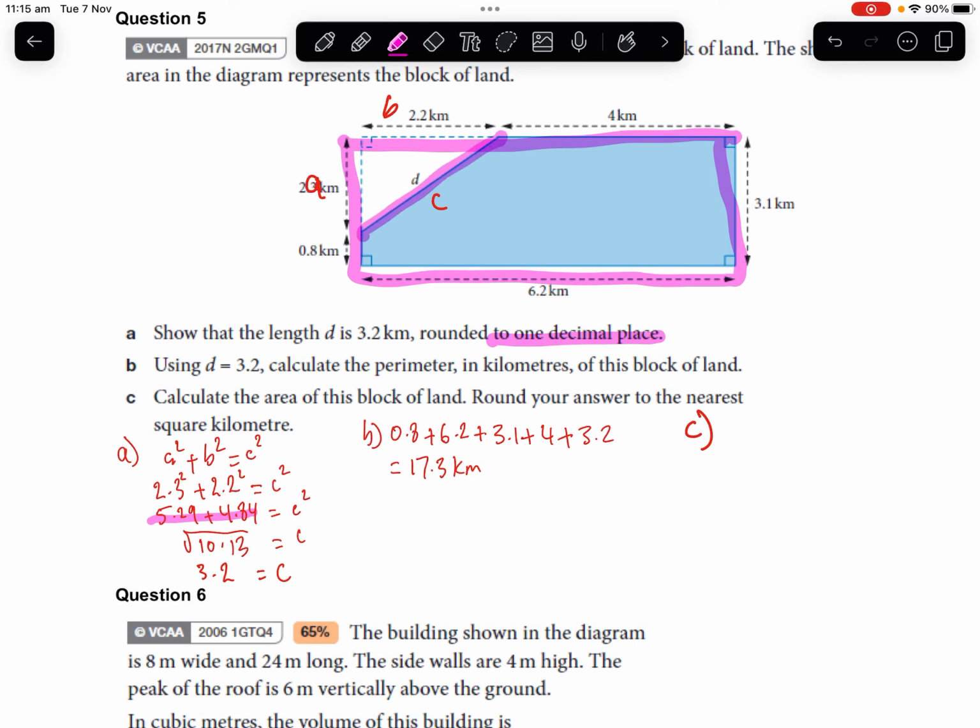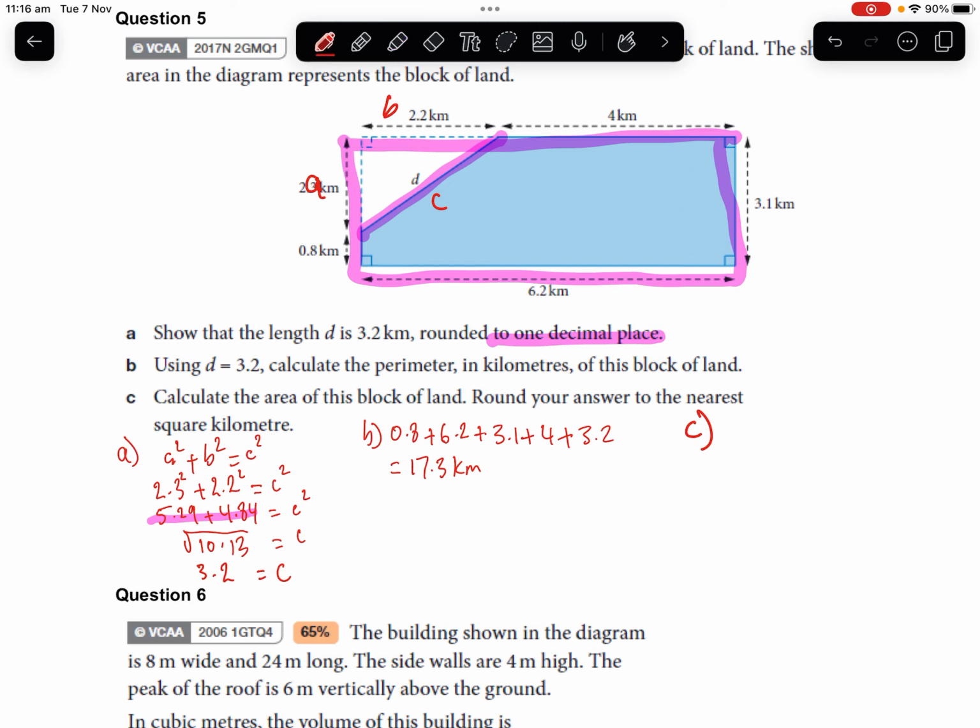To find the total area, we find the area of the rectangle, find the area of the triangle, and then subtract the triangle from the rectangle.